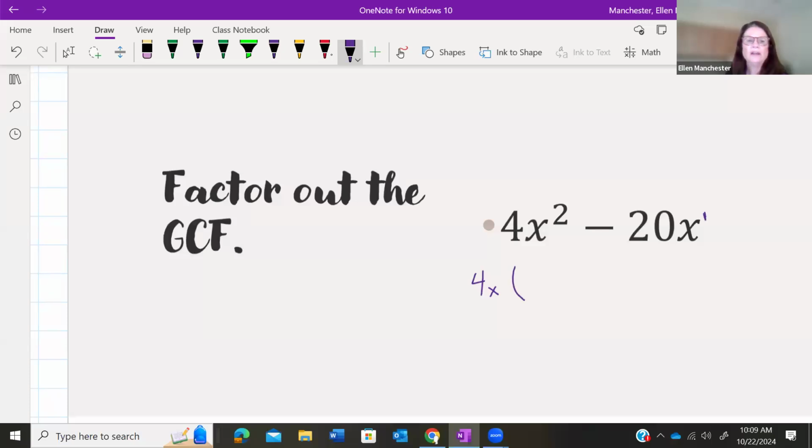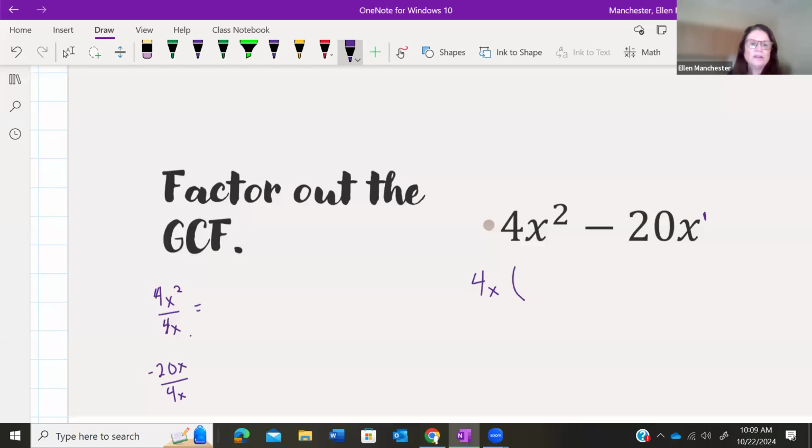So what you're doing, I'm only writing this so you can see mathematically what I'm doing. I would not recommend doing this. You should be able to do this visually, right? So 4x squared divided by 4x. So the 4's go to 1. And then, using your exponent rules, you're subtracting.